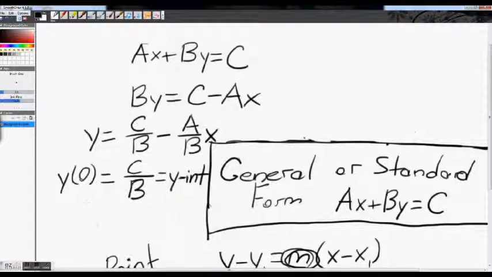C over b is our y-intercept. And our slope, m, is equal to negative a over b.